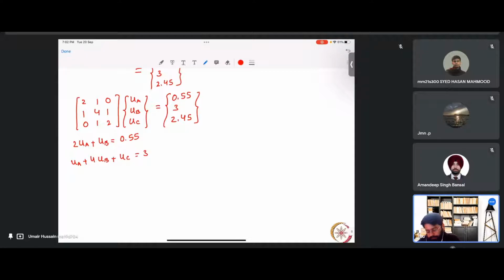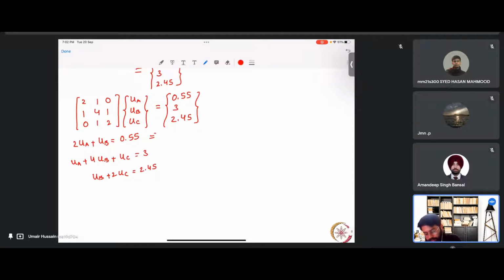Then we have ub plus 2 times uc equals to 2.45. Okay, so what we'll do is we'll substitute the value of uc and ua into the second equation.